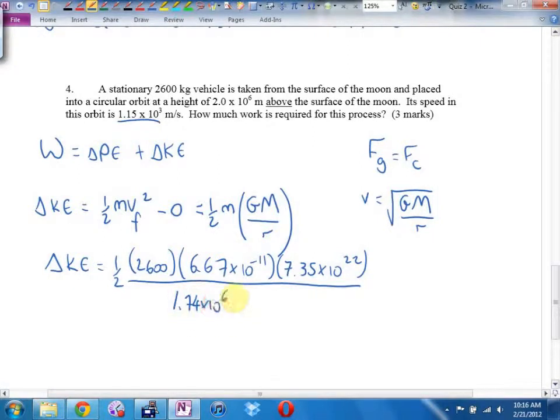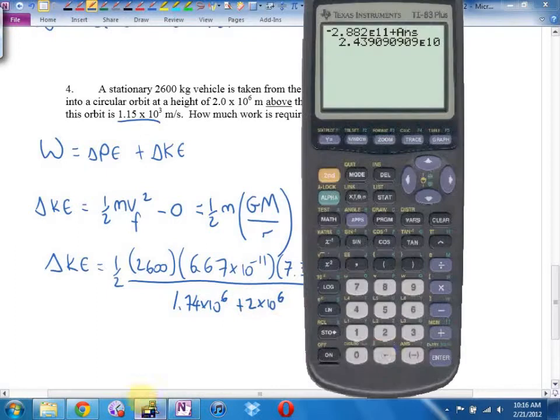Now, I got to be careful. That's not my orbital radius, because they also added an altitude above. So I'm going to add 2 times 10 to the 6th. Here is, in theory, my kinetic energy, a half m v squared. Come on, computer.